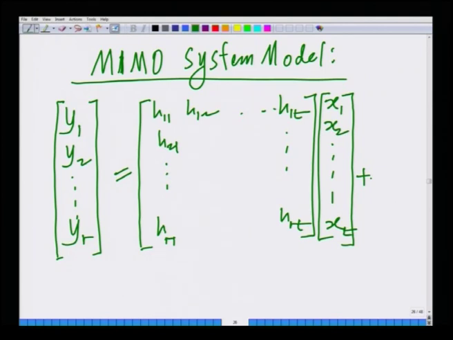That is, the received vector is matrix H times the transmit vector, plus of course, there is going to be noise, which is N1, N2, up to NR.